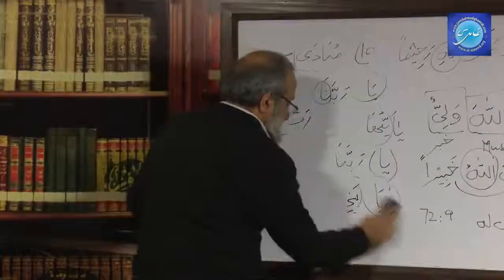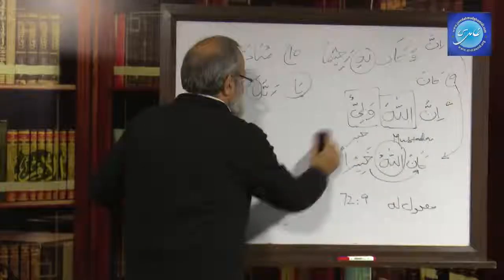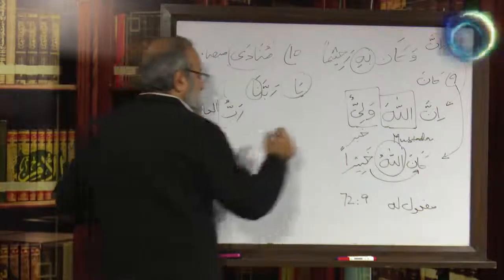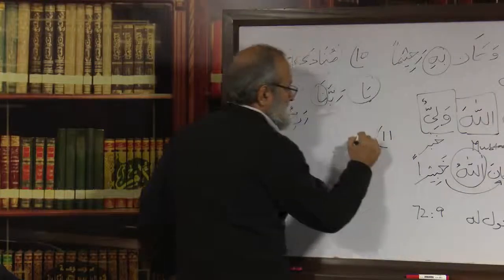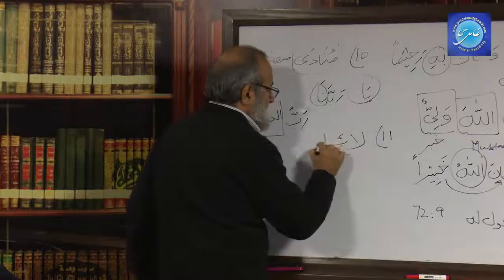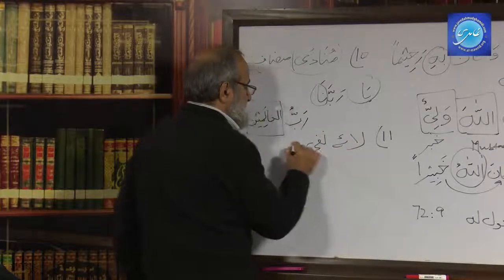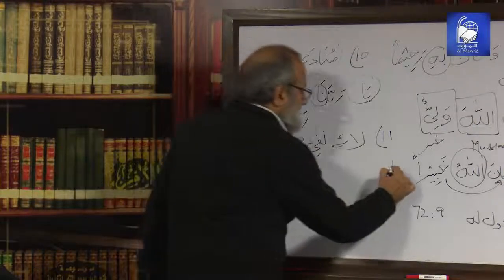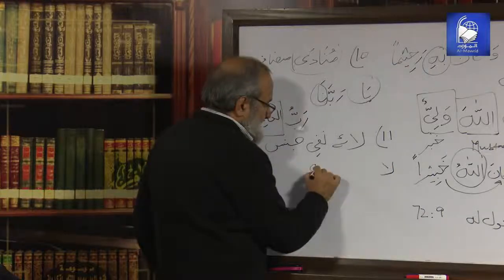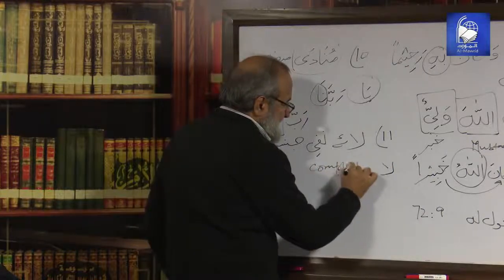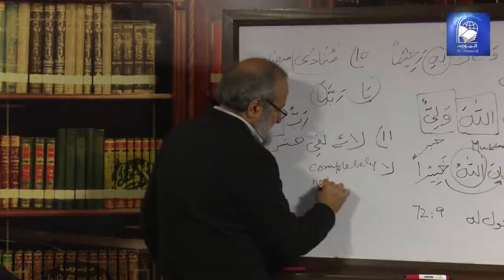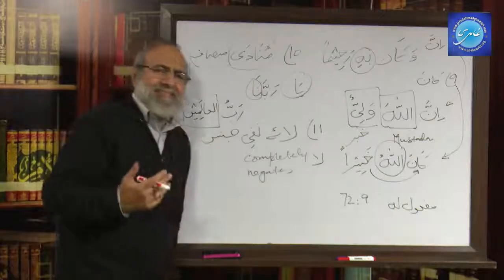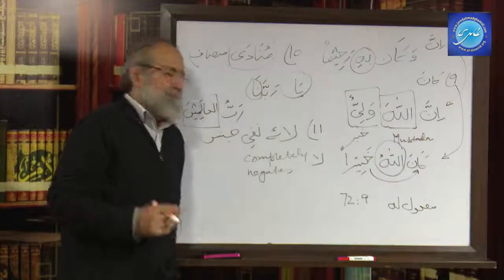The last, but not the least, the 11th reason is what they call la nafiye jins, which is a law that completely negates a certain possibility.